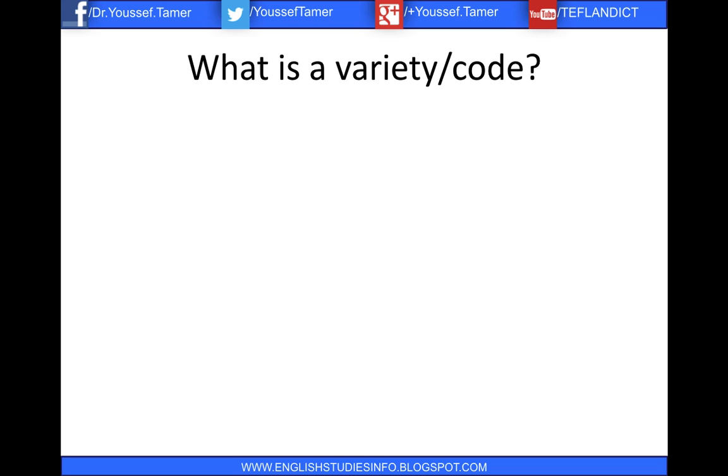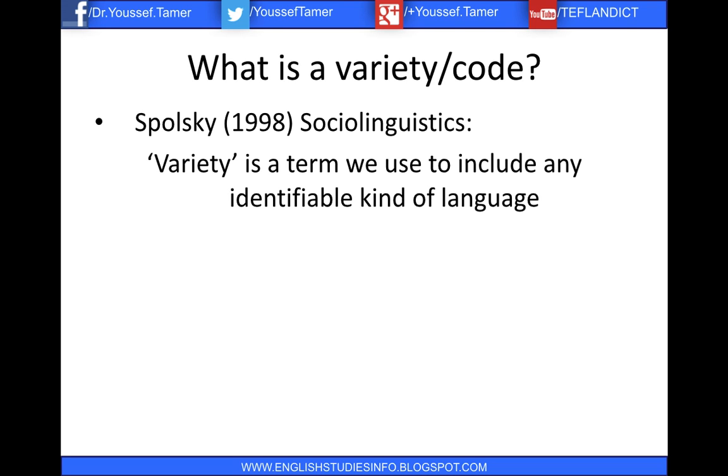Now, what is a variety or a code? Spolsky, 1998, says that variety is a term we use to include any identifiable kind of language. It's a kind of umbrella, if you wish.